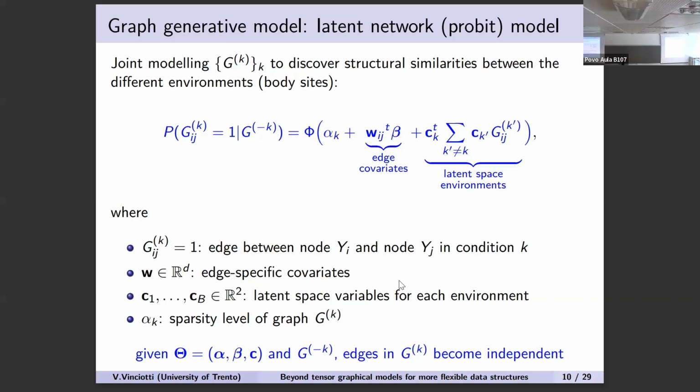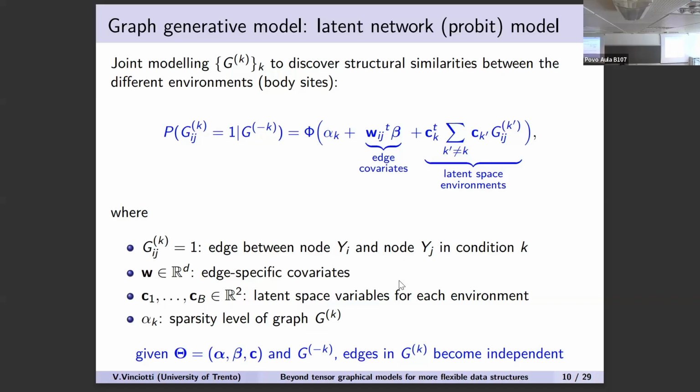I suppose the main thing is this latent space business. We give to each environment a vector. We can decide; I put it in R2, which is the most common. You could say R3, then you have more parameters.